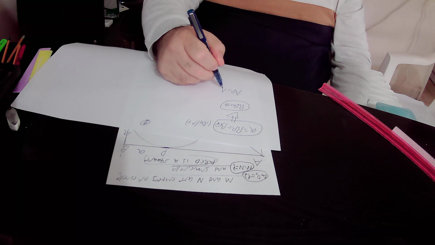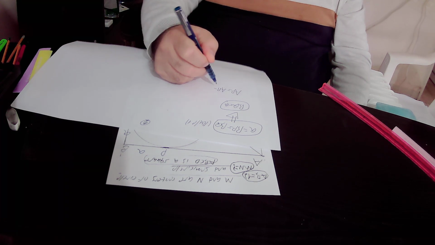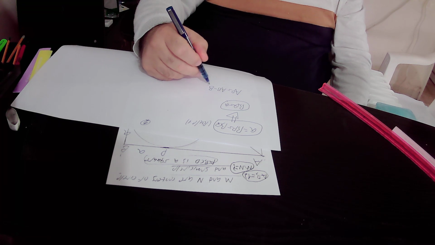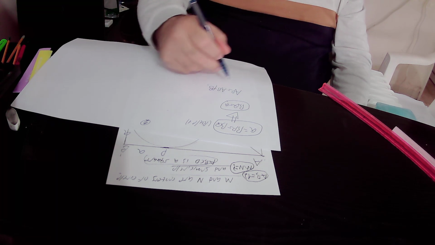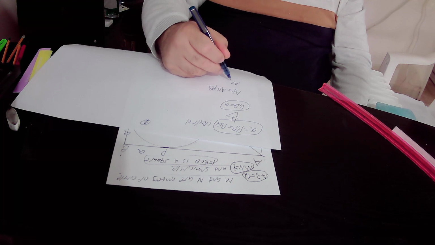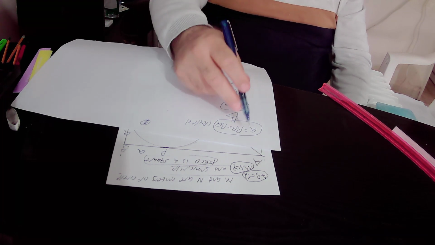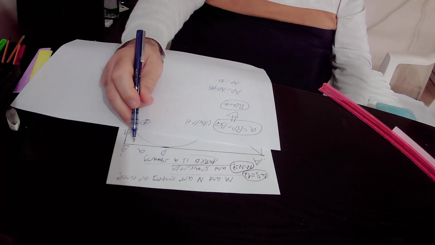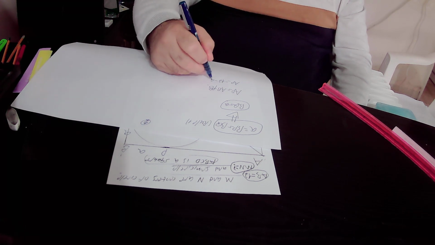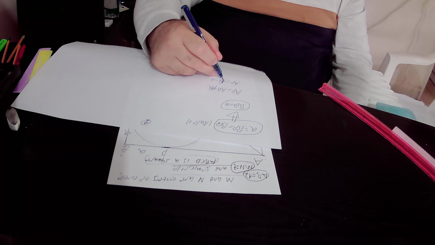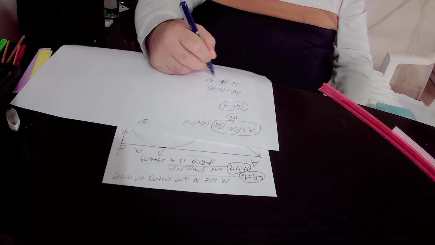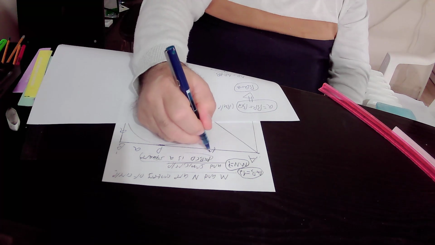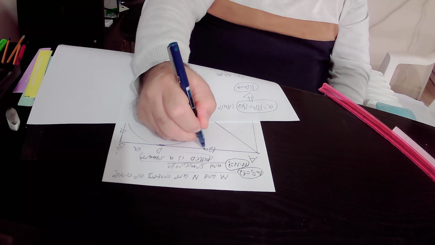So AP equals AB, that is 12 units, according to what is given in the question, minus PB, that equals A according to our definition. So in conclusion, we found out that AP equals 12 minus A.